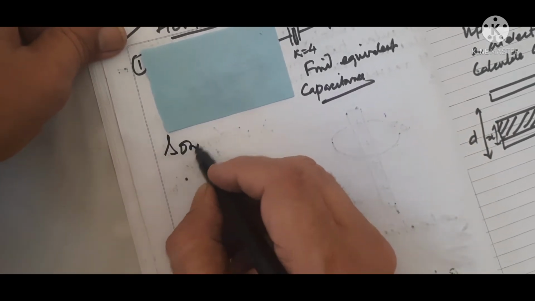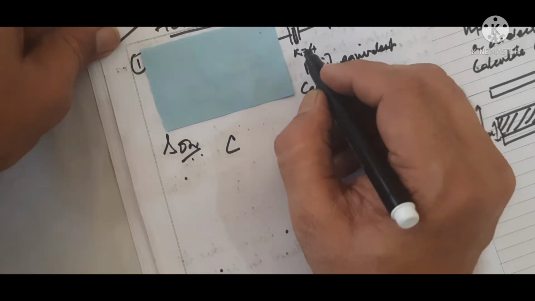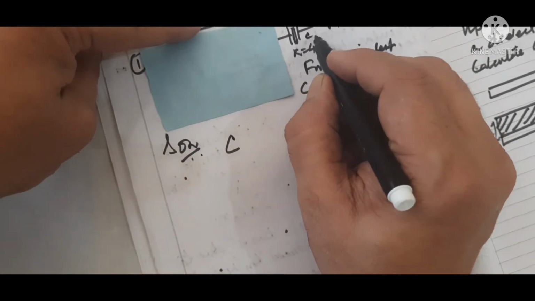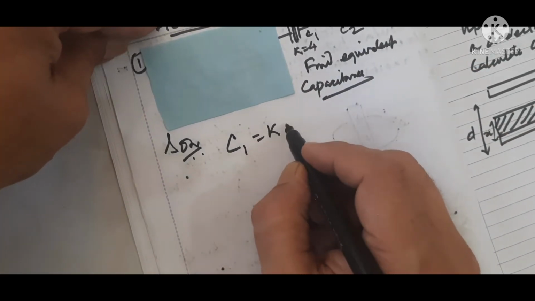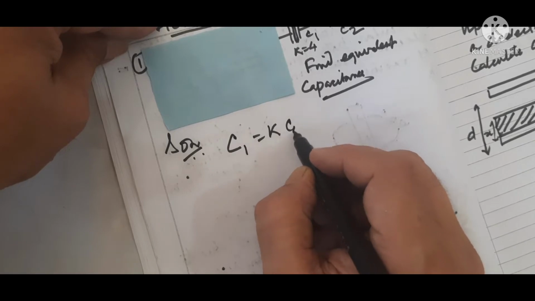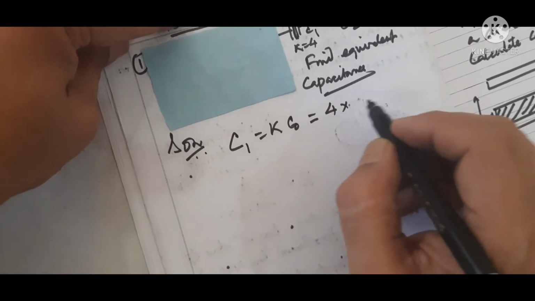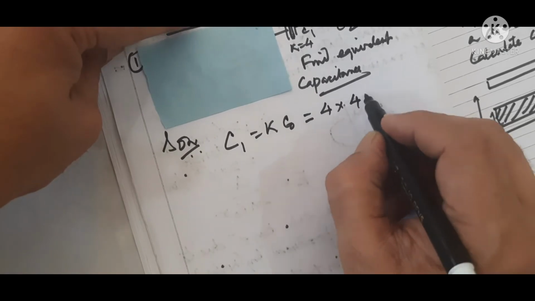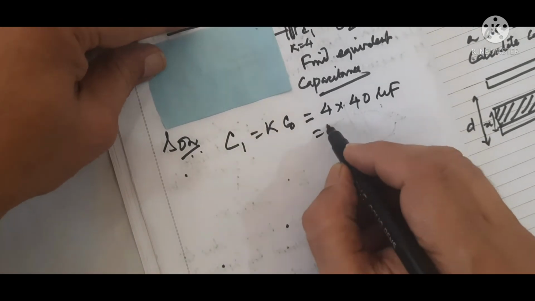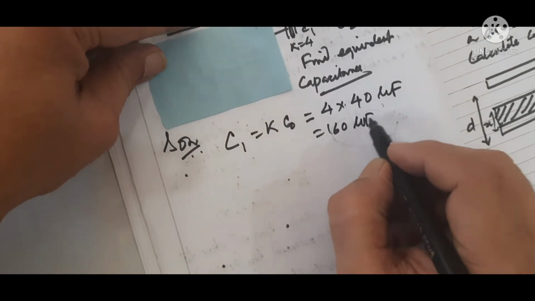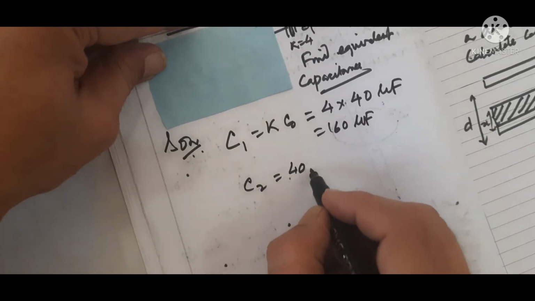So how are we going to solve it? Say the first one is C1 and another is C2. So C1 will become K into C0. K is given as 4, C0 is 40 microfarad, so it is 160 microfarad. And C2 is 40 microfarad.